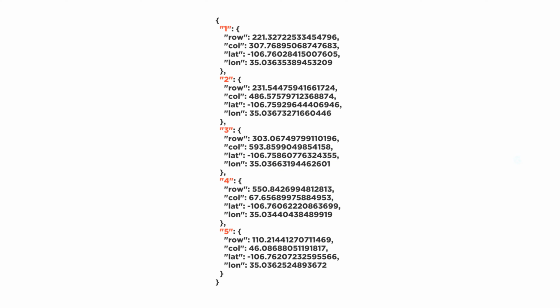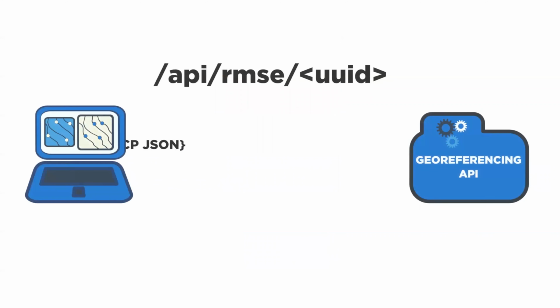Here they are shown as 1, 2, 3, 4, and 5, but the values of those keys must be a JSON object with 4 keys: row, col, lat, and long, with row and col representing the pixel coordinates of the row and column of the raw image, and lat and long representing the latitude and longitude in decimal degrees. This JSON can be uploaded to /API/RMSE/UUID. The UUID is the unique identifier that was returned during the upload process.